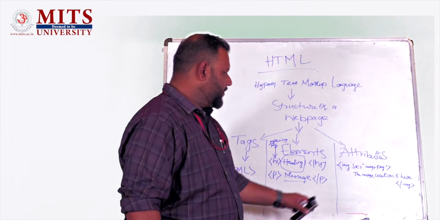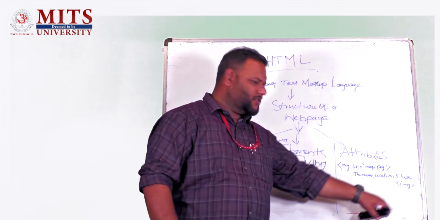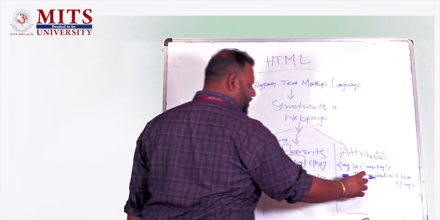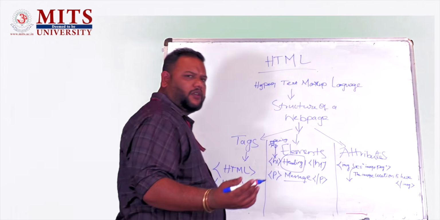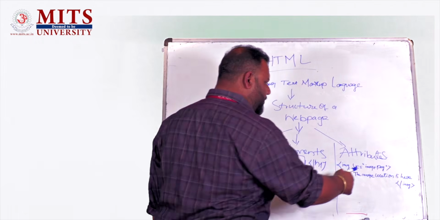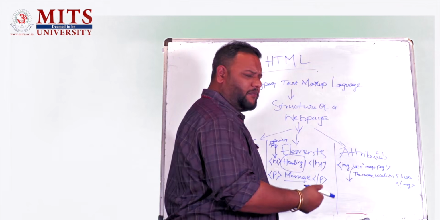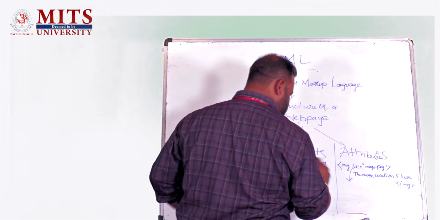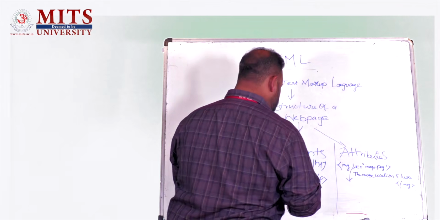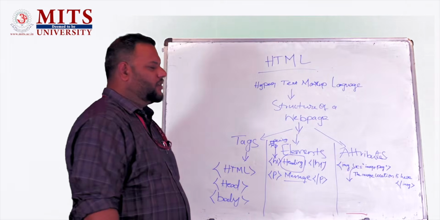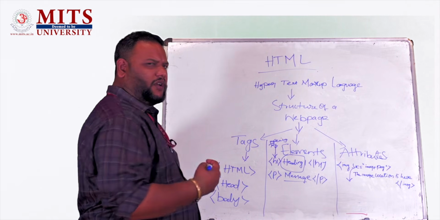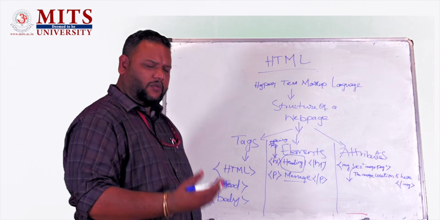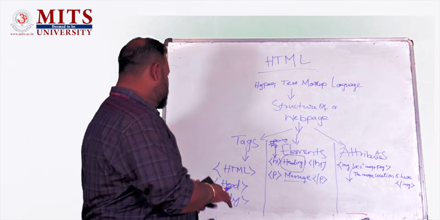We have two opening and closing tags, and we have the content here, but we are providing extra information about an image, its path and its file's name. So these are the three categories at the beginning level that we need to know before learning HTML in depth.